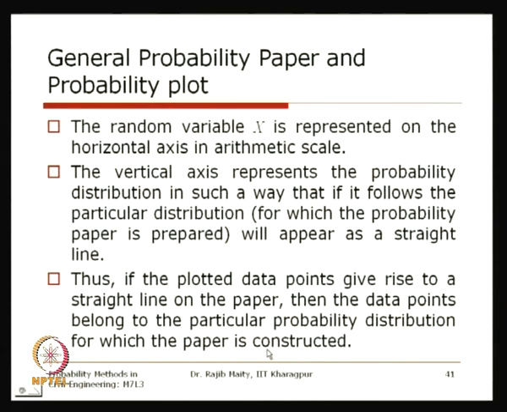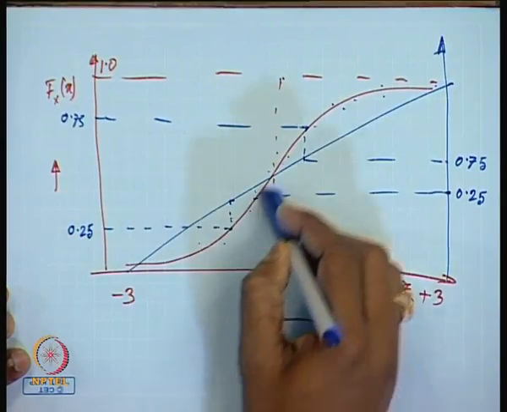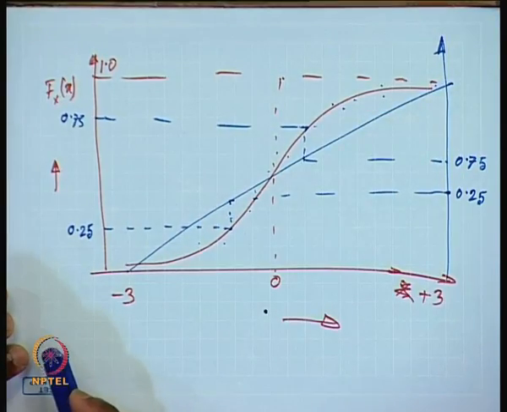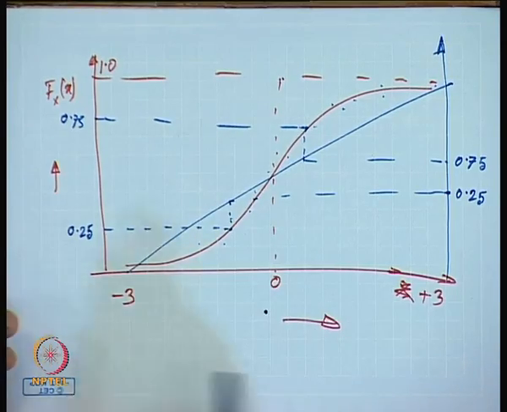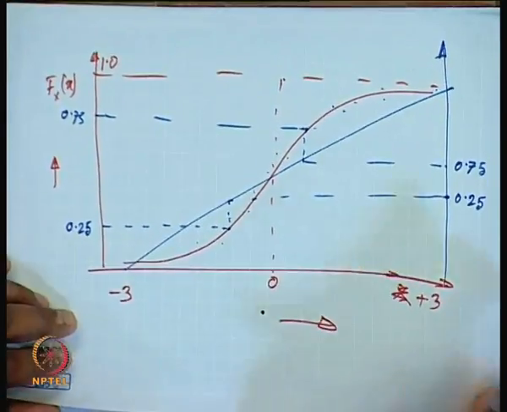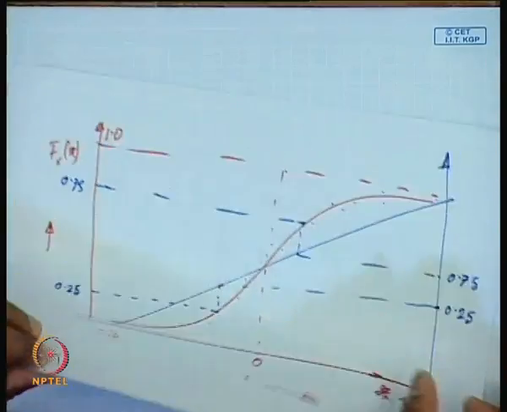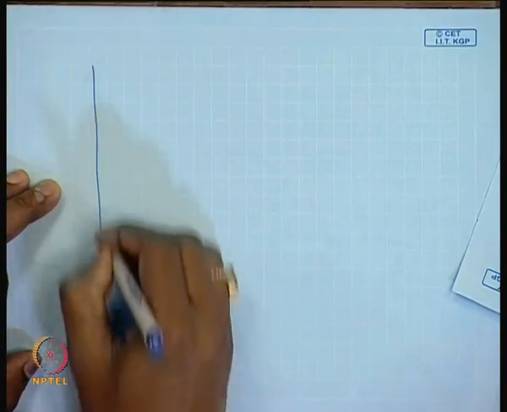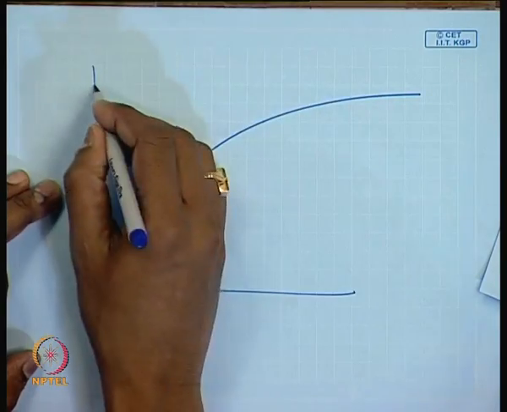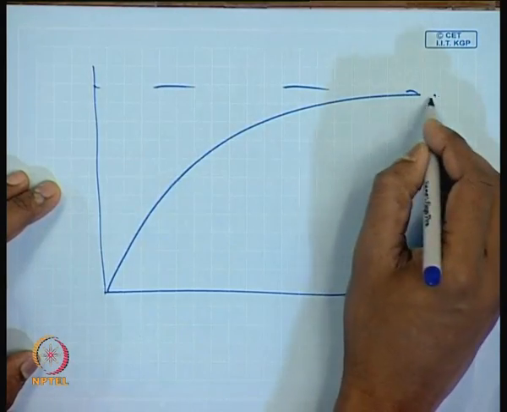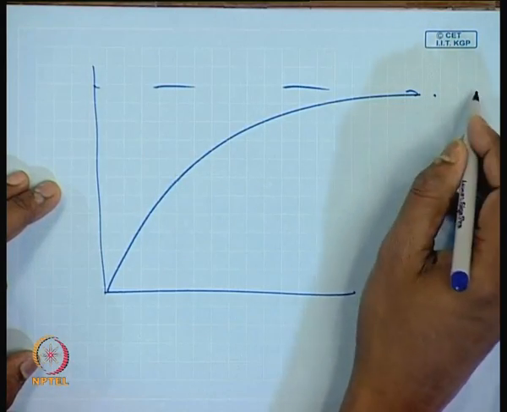This is for the general case. The cumulative distribution that I have shown is for the normal distribution. Now I can take the exponential distribution, whose cumulative distribution looks like this, where it approaches approximately 1.